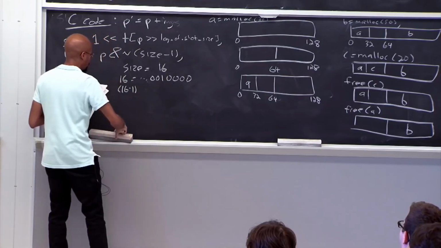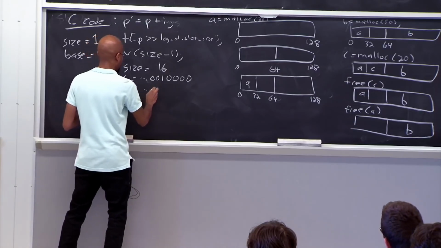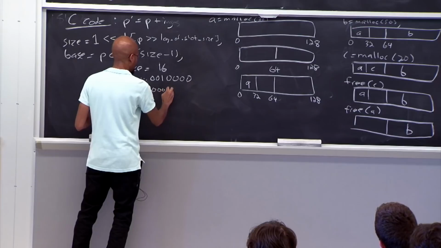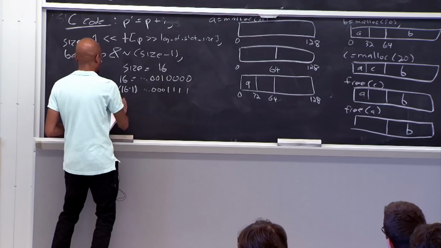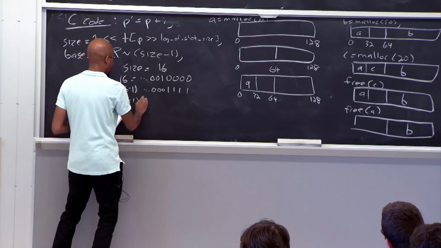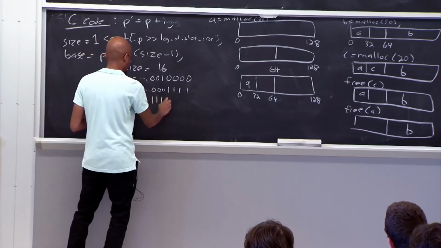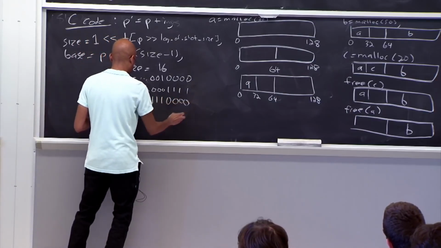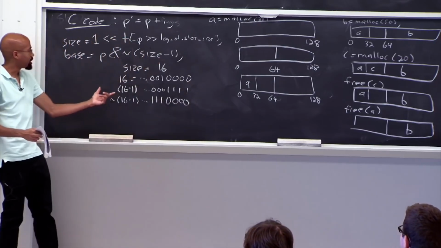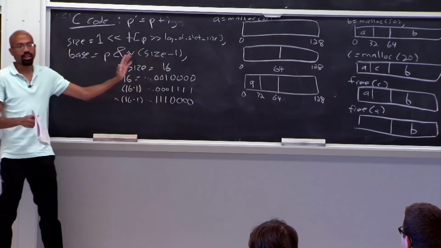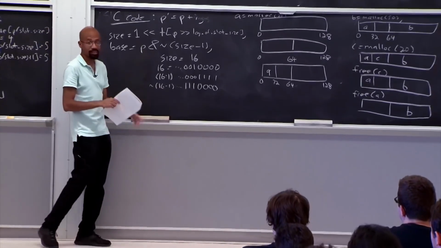So if we look at 16 minus 1, what's that going to look like? 16 minus 1 is going to look like something like this. Okay. So then if we take the inverse of that, what is that going to give us? Right, in binary. So basically, this thing here allows us to clear the bits that essentially would be offsets from that valid pointer and just give us the base of that pointer.